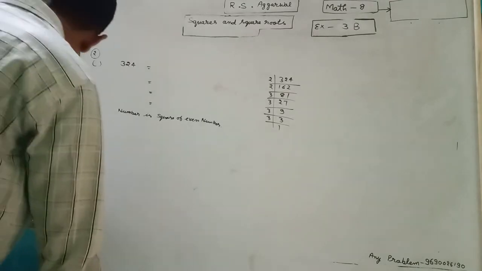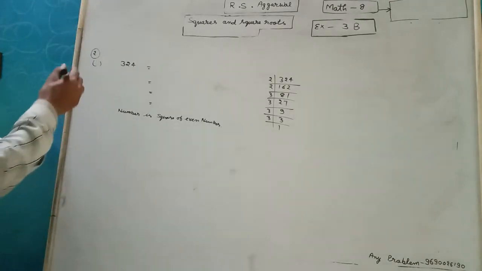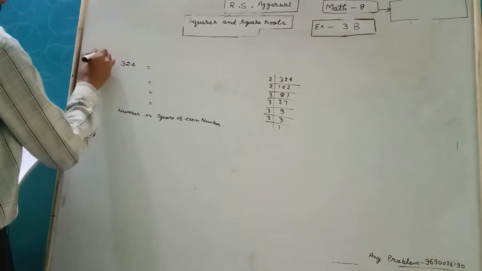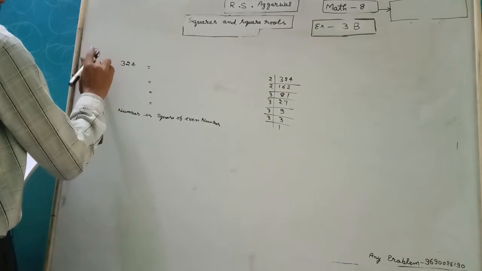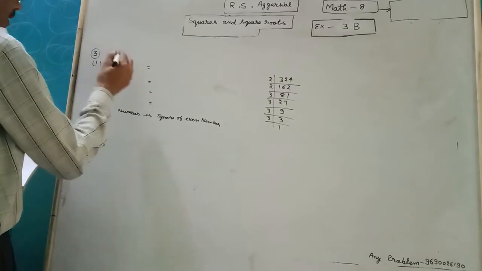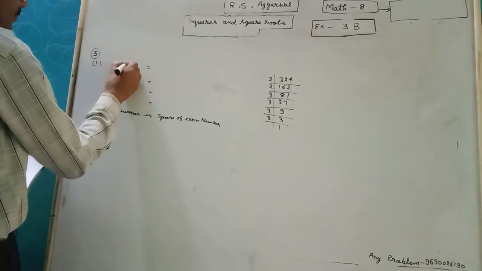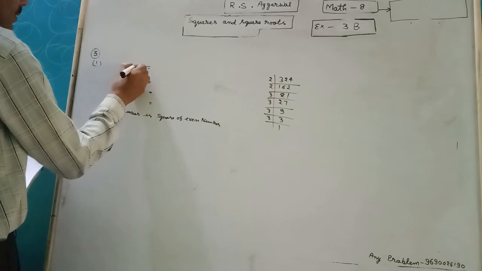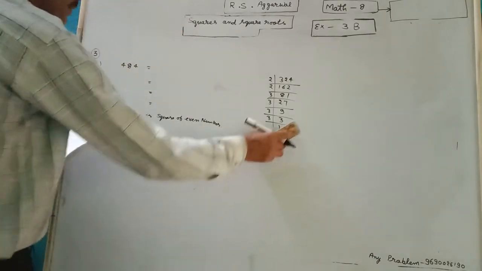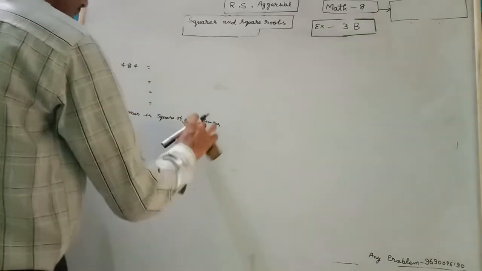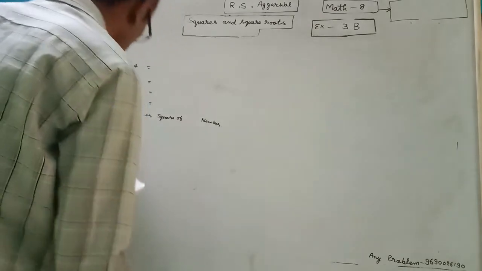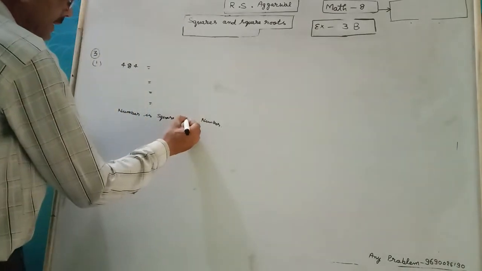First part number is 484. Do the factor. This time is odd number. Only this change.